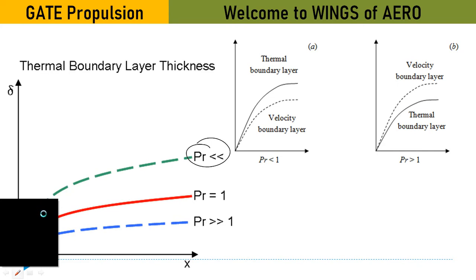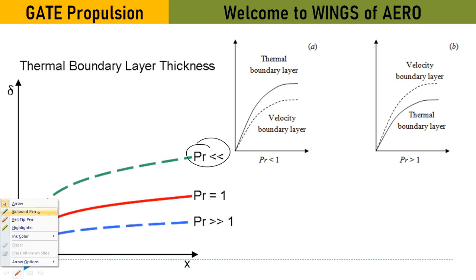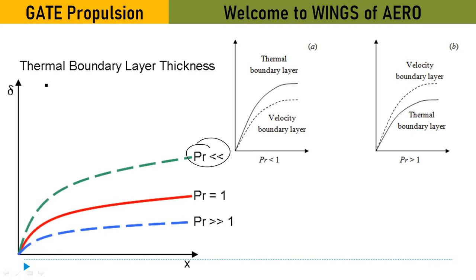Okay, so it depends on PR. PR means it's a Prandtl number. So what is Prandtl number? First we will see what is Prandtl number. So Prandtl number denoted by the notation as PR, which is a ratio between momentum diffusion to thermal conduction.